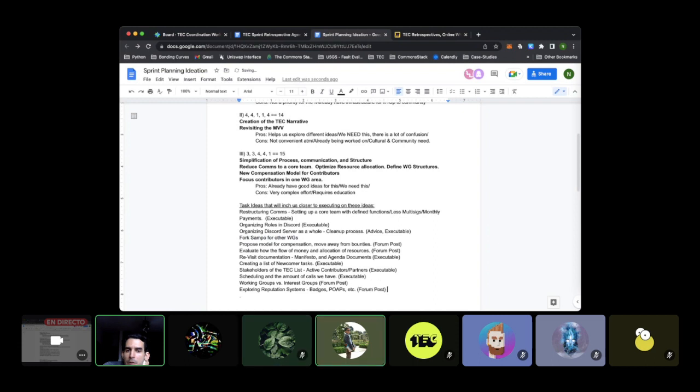Yeah, I'm supposed to be having a look at Order Space in the upcoming weeks, which is a soulbound token kind of thing for reputation. But I wanted to add a small note on the organization Discord server that I've been thinking about for a while, which is that I think we could really use role gated channels.